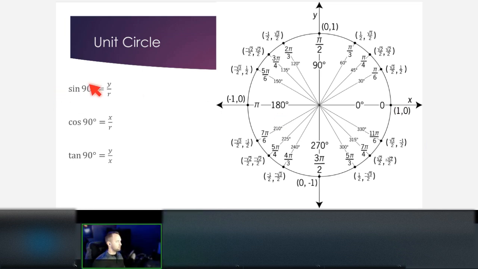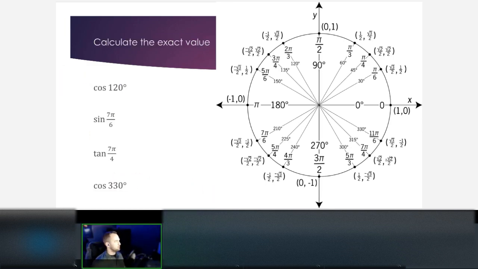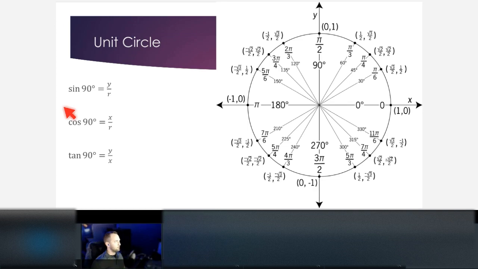All right, so again, sine is y over radius, cosine is x over radius, tangent is y over x. So this is no big surprise here. I think I have this on the next page. Let me double check. I do not. Okay. So to find the sine of 90 degrees, well, we could type it in, but the whole point of using the circle is to avoid typing this stuff in.